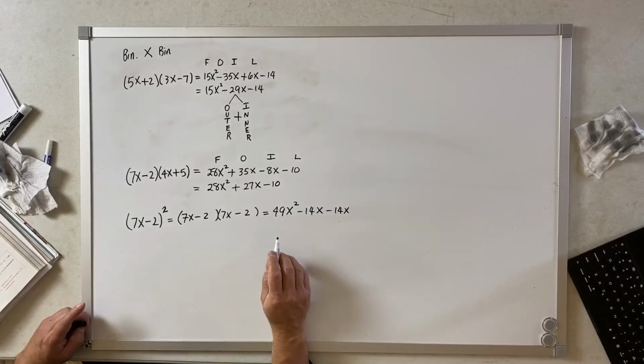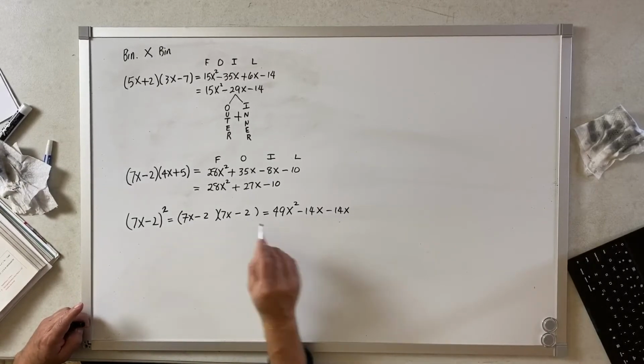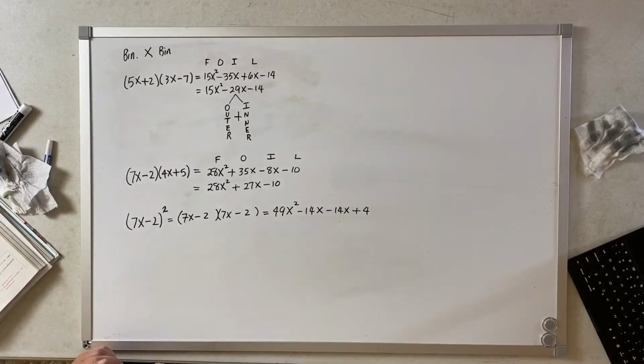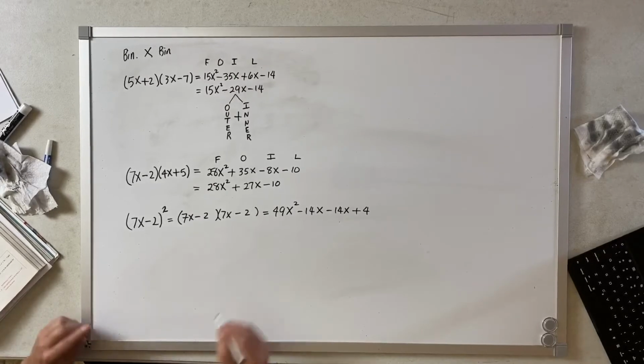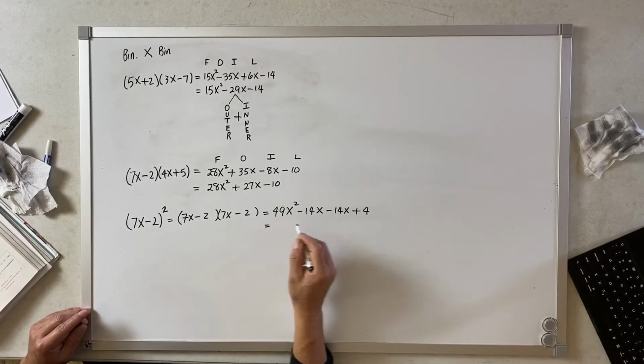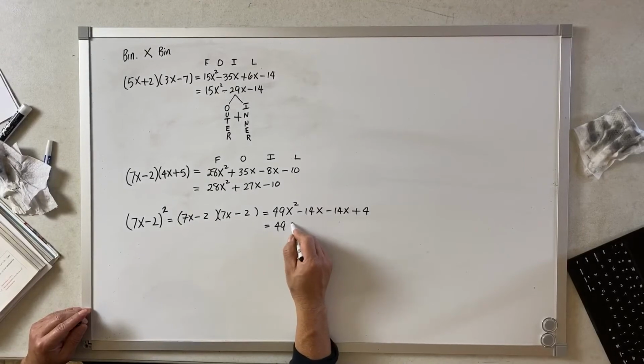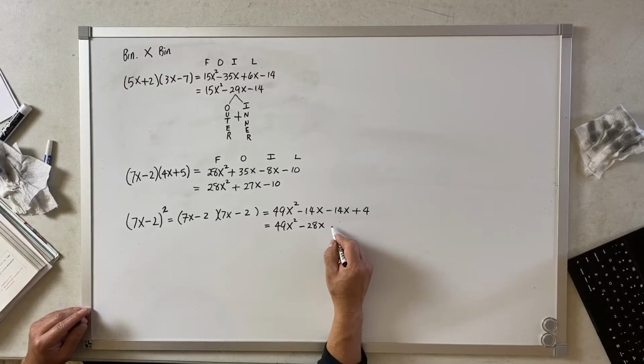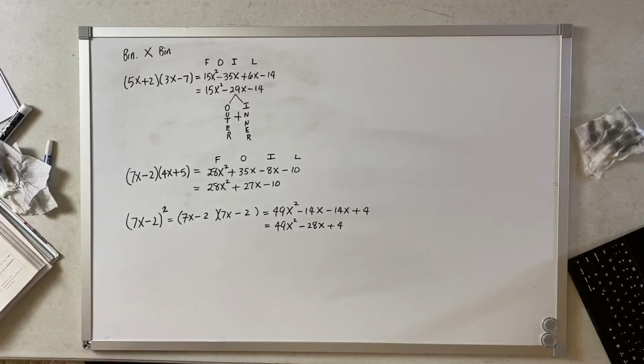And look at last, negative 2 times negative 2, plus 4. Now combine like terms. So therefore this is 49x squared minus 28x, because outer and inner go together once again, plus 4.